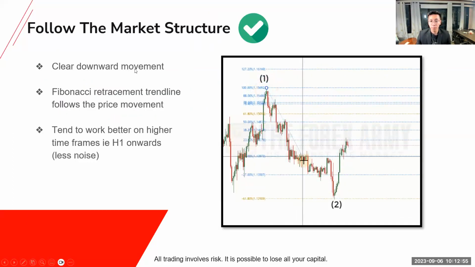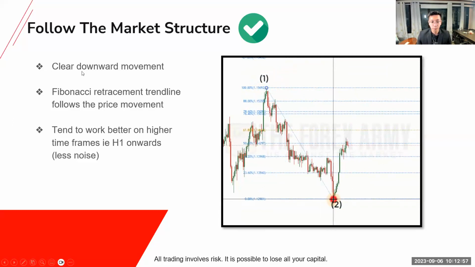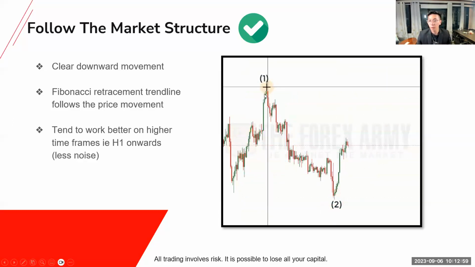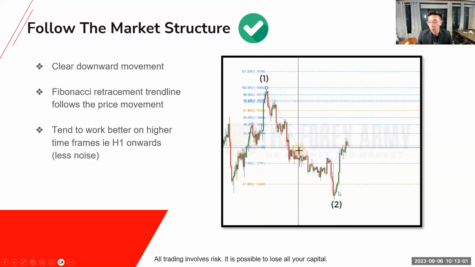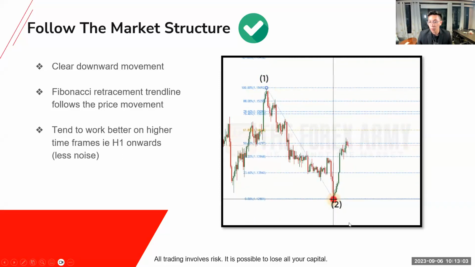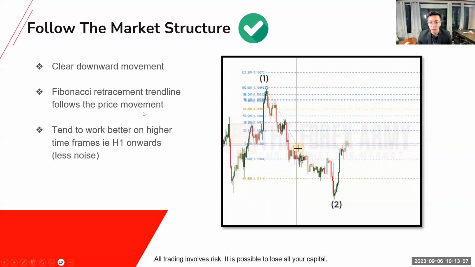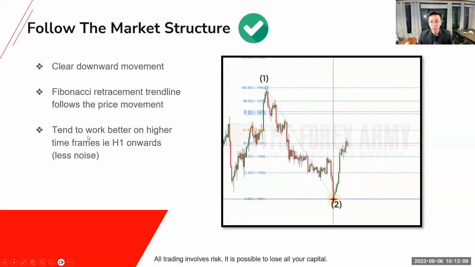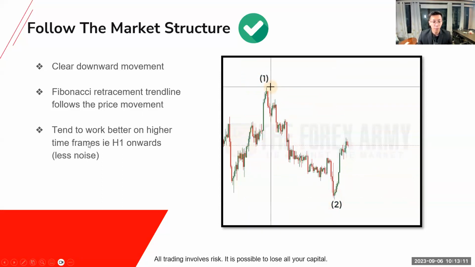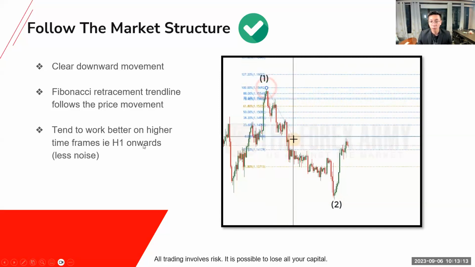Then we should follow market structure, a clear downward movement. From point 1 to point 2, you draw from the top to the bottom, and you can see that the fib retracement trend line follows the price movement. It tends to work better on higher time frames, for example H1 onwards.